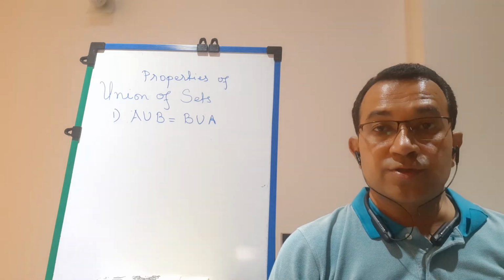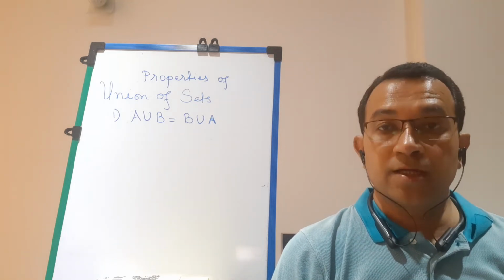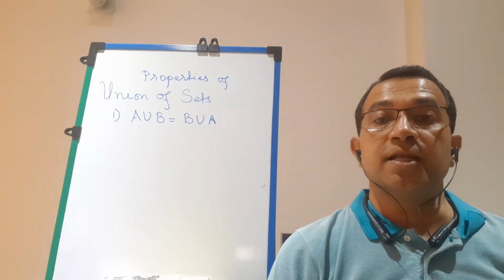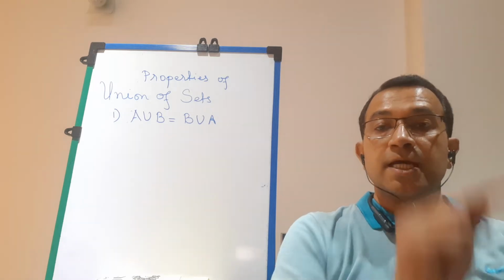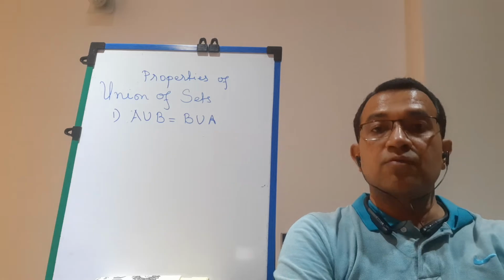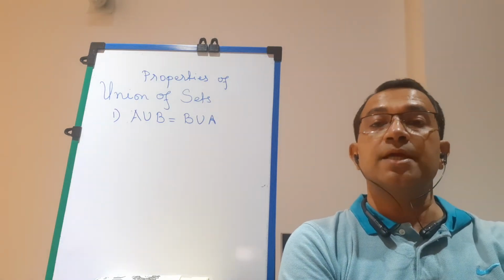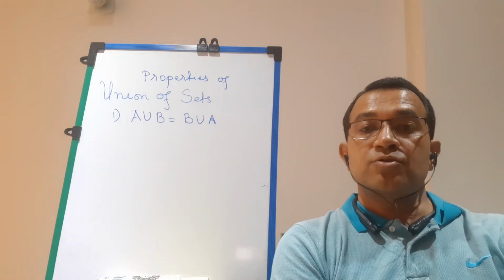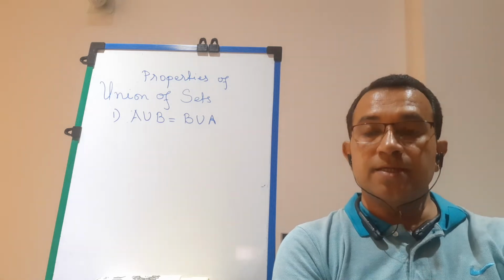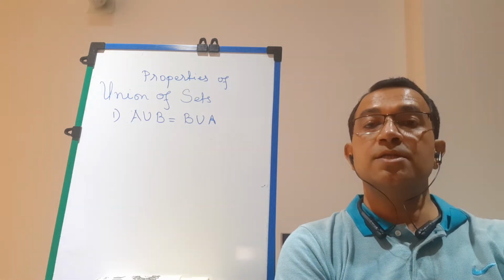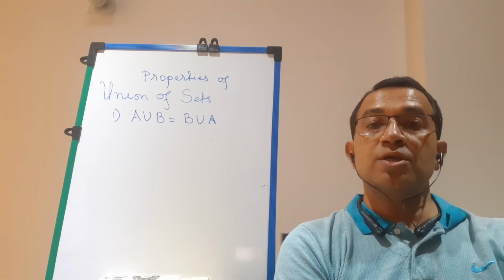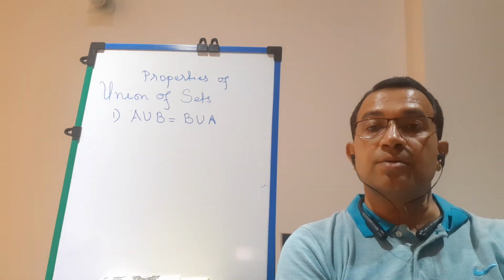Addition is commutative, students. If you add B to A or A to B, the final answer is same. So we write A plus B, students, is equal to what? B plus A. Same way, students, A union B is same as what? B union A. So students, union of sets is commutative.